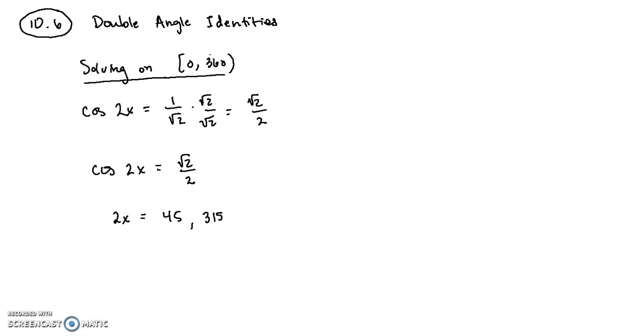Normally we would stop here because we're solving on 0 to 360. The problem is we can't stop here. We need all of the solutions on 0 to 360. The next step is going to be to divide by 2, and that's going to cut these in half and make them smaller. So I'm going to go further, and we'll see it happen. The next solution is going to be 45 plus 360, that would be 405.